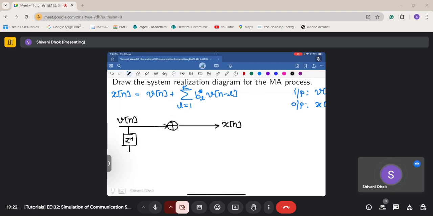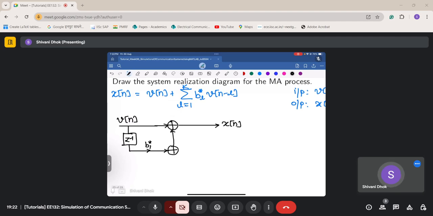Then it gets scaled by B1 conjugate, and whatever output we have gets added to your V of n. So here we will get V of n plus B1 conjugate into Z inverse.